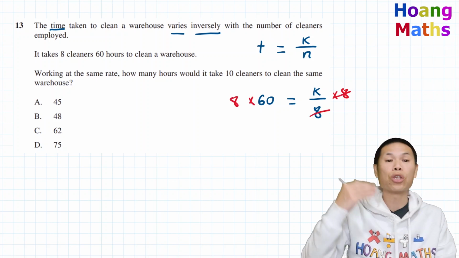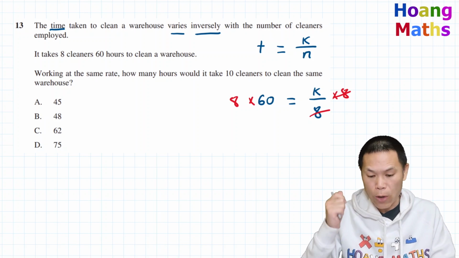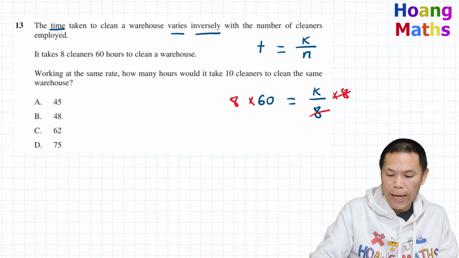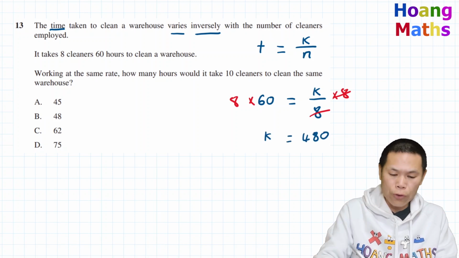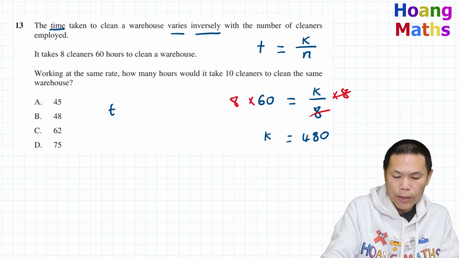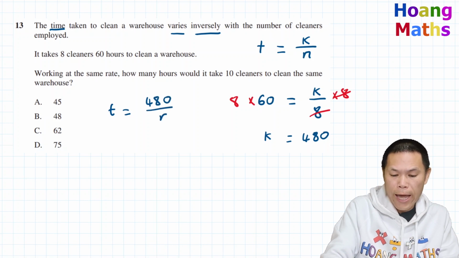So I just put that on a calculator. Otherwise, I go 8 times 6 is 48, so 480. So K equals 480. Therefore, the actual rule for this is T is equal to 480 over N.